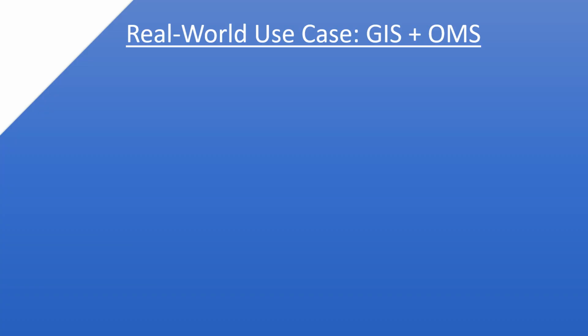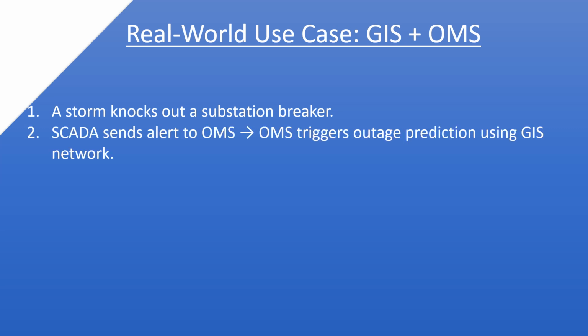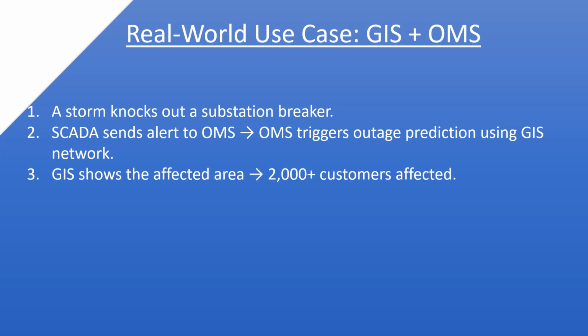Real world use case, GIS plus OMS. A storm knocks out a substation breaker. SCADA sends an alert to OMS. OMS triggers outage prediction using the GIS network. GIS shows the affected area.